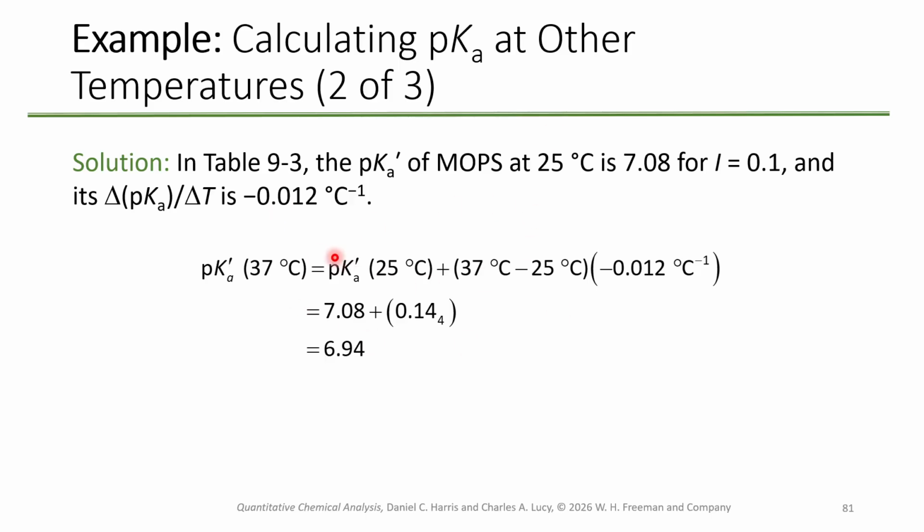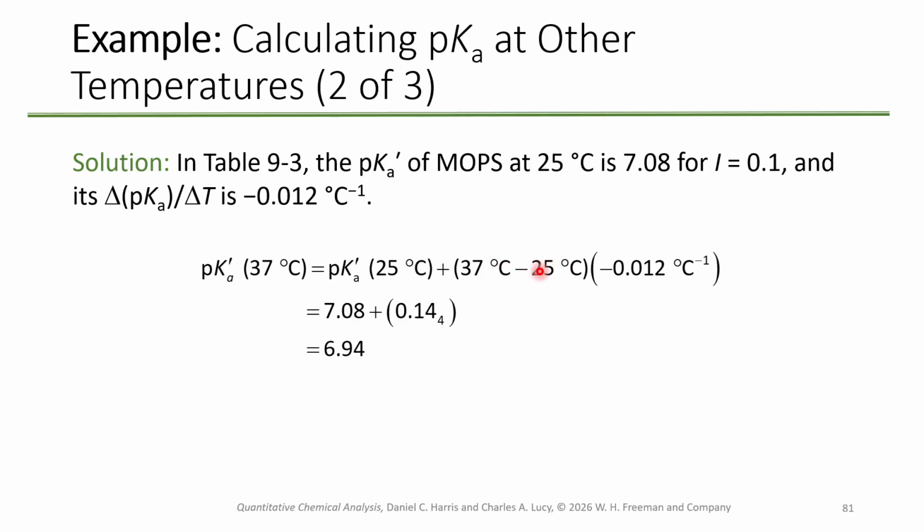Okay. So what we're going to do is we're going to use this equation here. The pK at 37 degrees Celsius equals the pKa prime at 25 degrees Celsius plus 37 minus 25 over that shift factor for that temperature, which is this value here from the table. Okay.